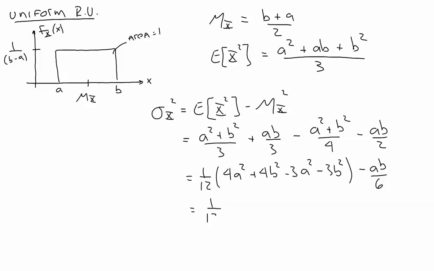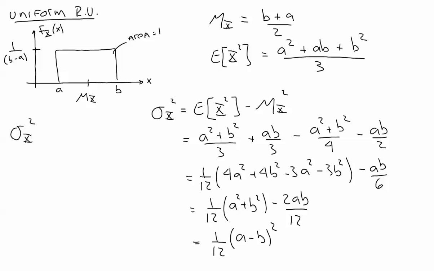This is 1/12 a squared plus b squared minus 2ab over 12. And my final result after all of this is 1/12 a minus b squared. You check my math. Okay? All right. So my variance for a uniform random variable is 1/12 a minus b squared.